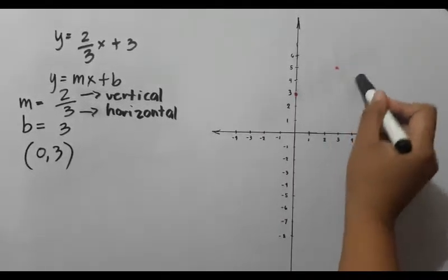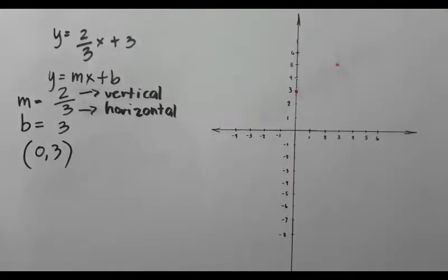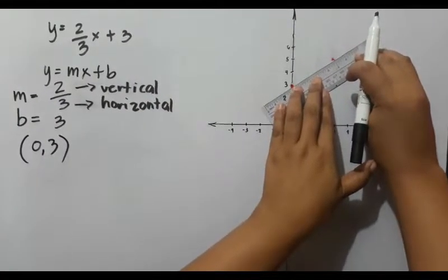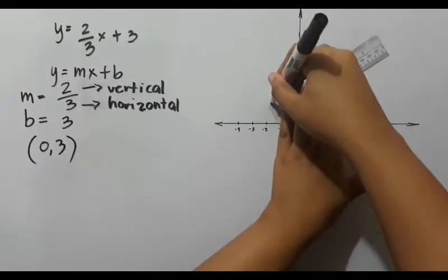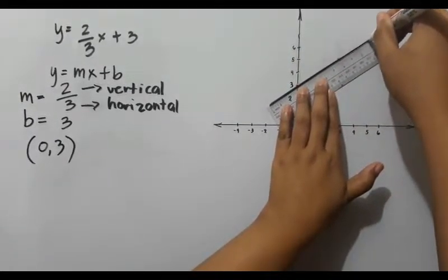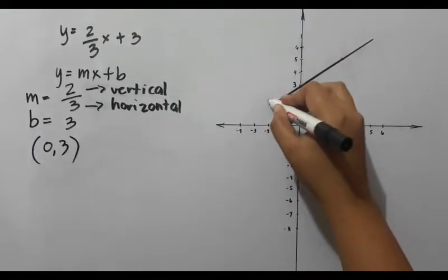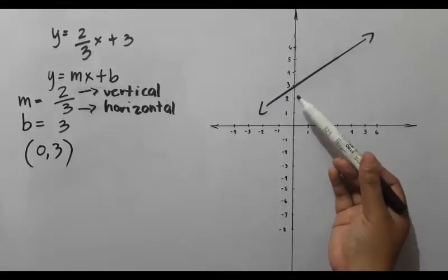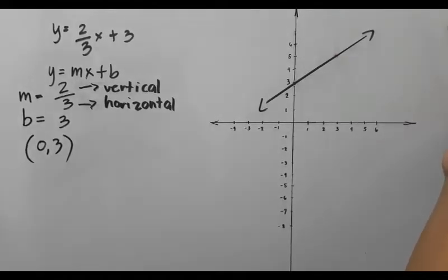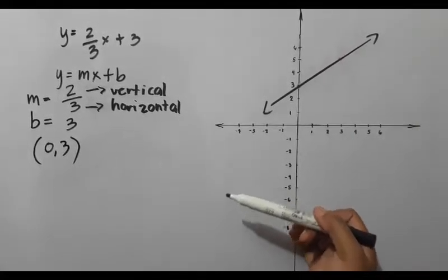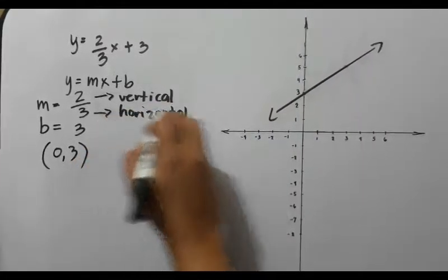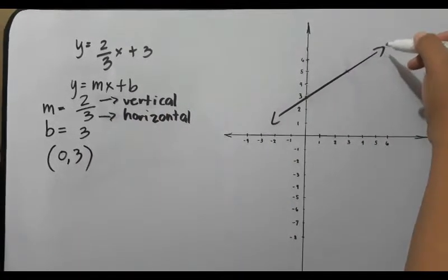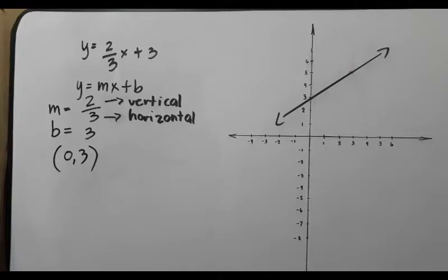Now let's connect these two points. This line can be extended upward and downward. Just continue using the slope in getting the next point for this line.